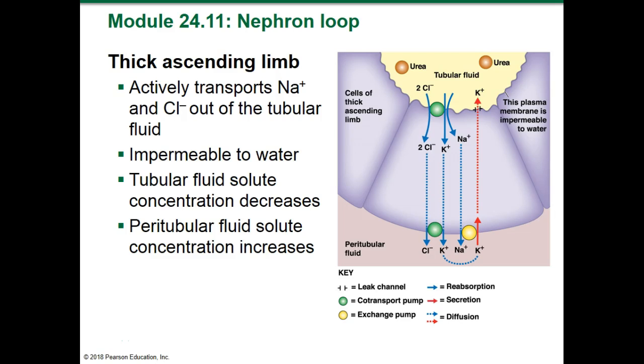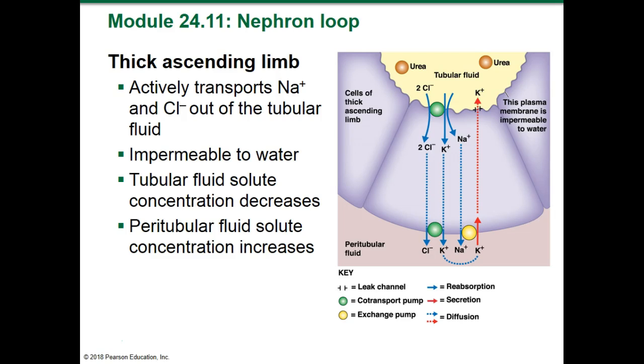Now, let's look at the thick ascending limb. This is the one that's going to go back up right before we get to the distal convoluted tubule. At this point, we actively transport sodium and chloride out of the tubular fluid. Out of the tubular fluid, sodium and chloride.